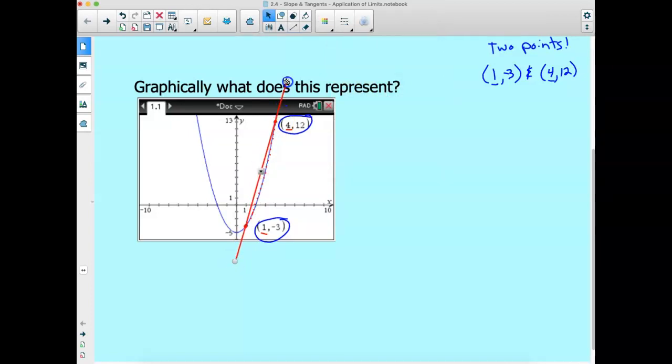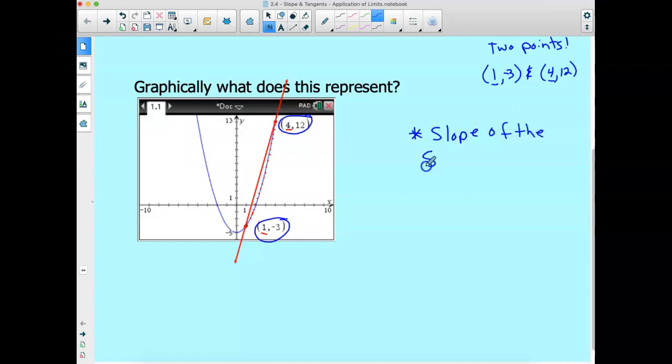It can also be known as the slope of the secant line. It is also the slope of the secant line from x equals 1 to x equals 4, okay?